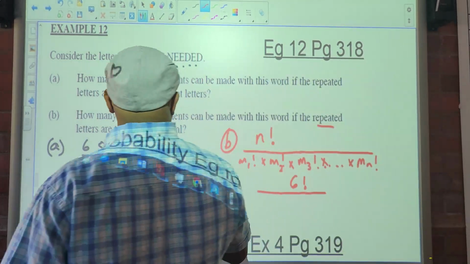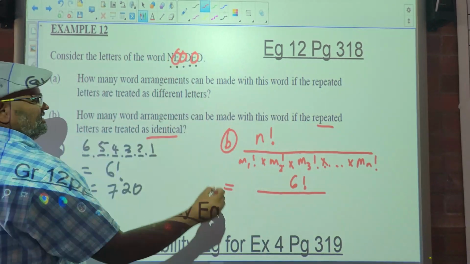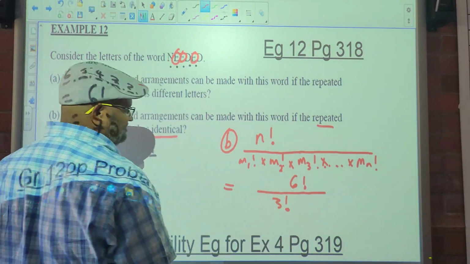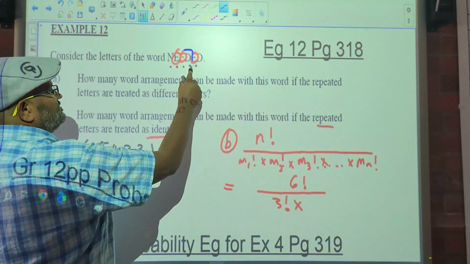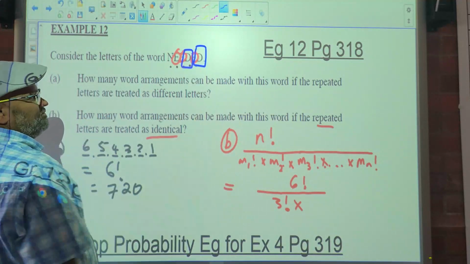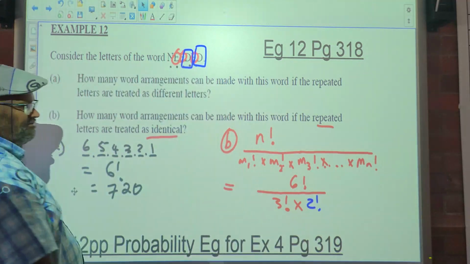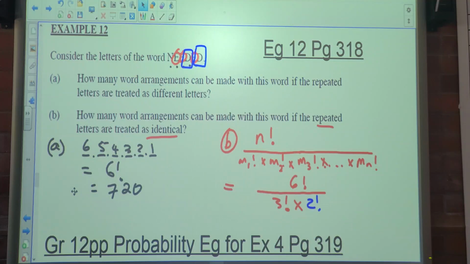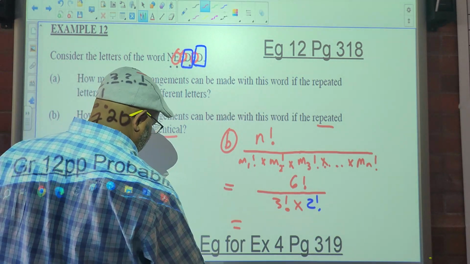So how many e's are repeated? 3 e's. So it's going to be 3 factorial. How many d's do I have? 2 d's, which is 2 factorial. You guys understand? I can't make it simpler than what it is, okay?